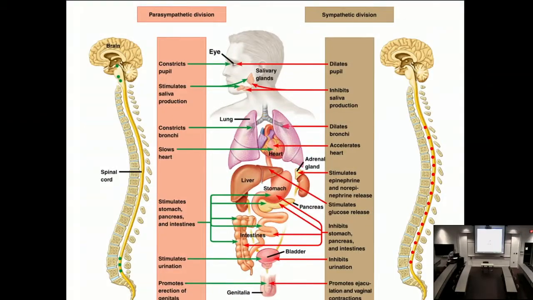So what this does is it basically blocks the parasympathetic division, as that's where mostly the muscarinic receptors are. And so you can see it constricts pupils, stimulates saliva production, slows heart, that kind of thing.